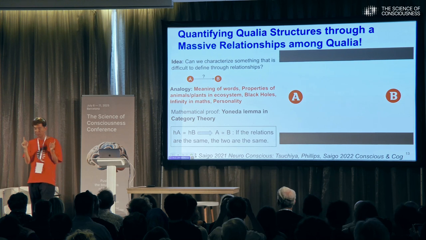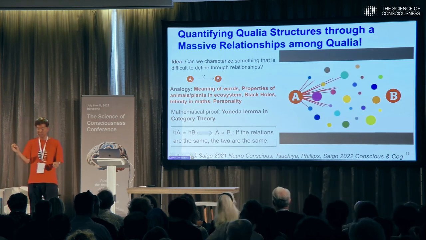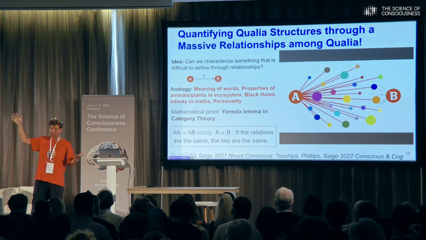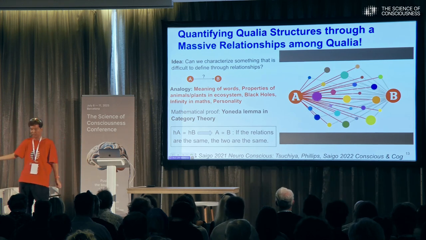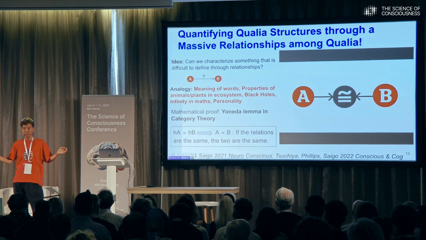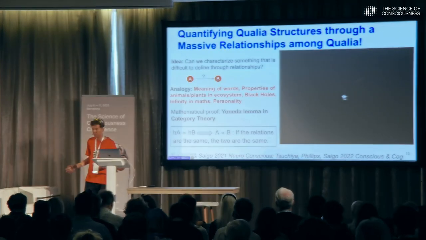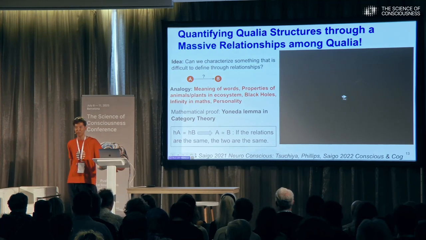So if you don't know whether A and B are the same, instead of trying to characterize A and B themselves, take A's relations with billions of other things, and B's relations with billions of other things, and if the relationships are the same, then A and B must be the same. That's the idea. Okay, and this is our inspiration for how to characterize qualia.